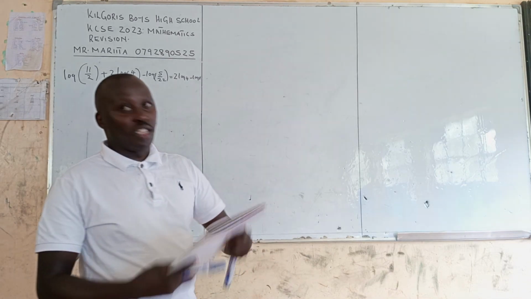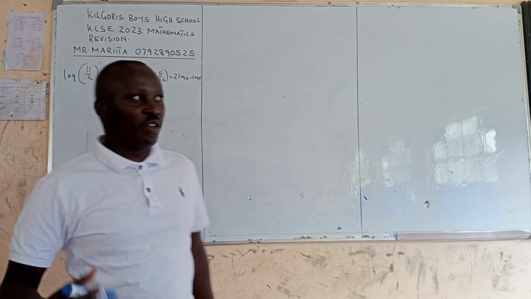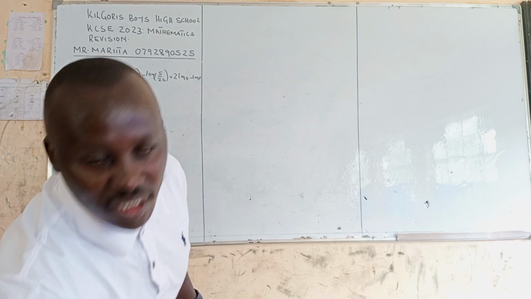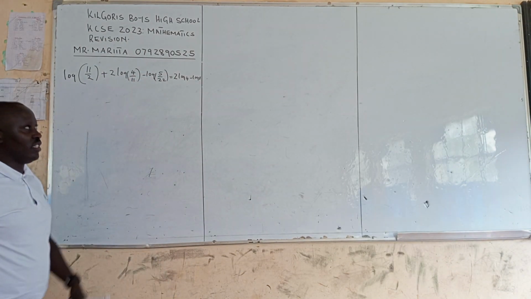So in this case, we are supposed to solve for x. Solving for x means we find the value of x.